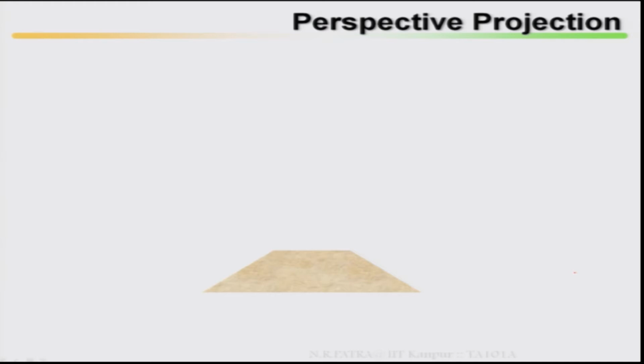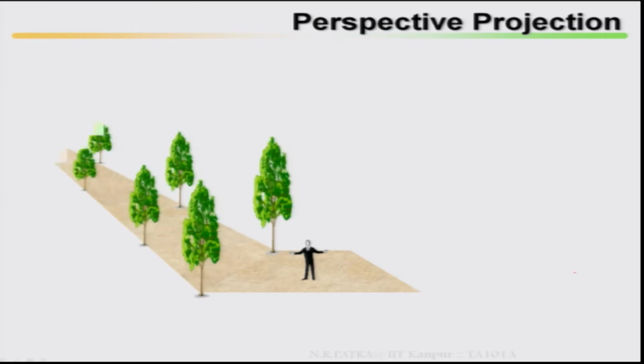Now, let us start the basics. Look at the animations carefully. There is a tree, and in these directions there is a garden and the trees are continuous throughout.